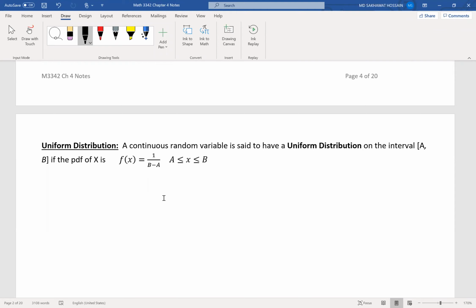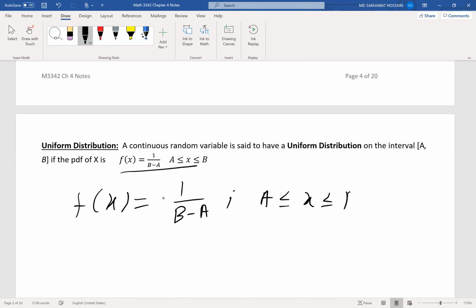Okay, so a continuous random variable is said to have a uniform distribution on the interval a to b if the PDF is defined by this function: f(x) = 1/(b - a), where x is from a to b.